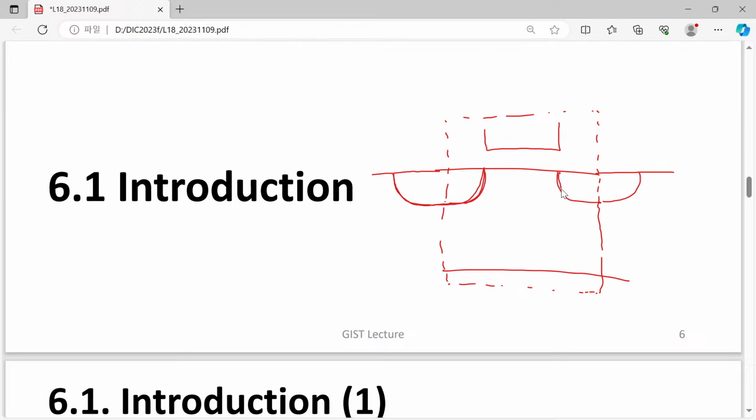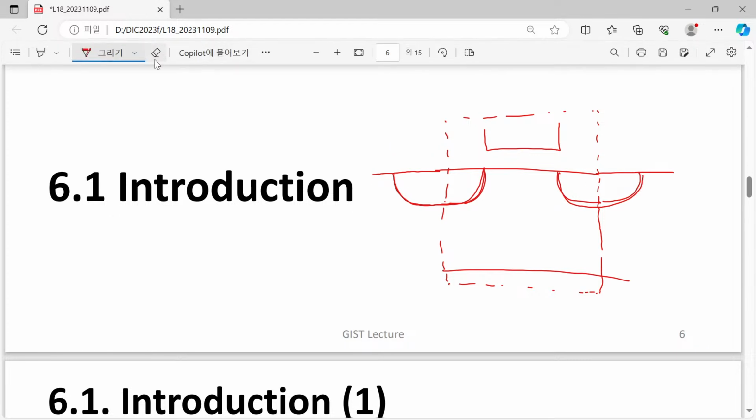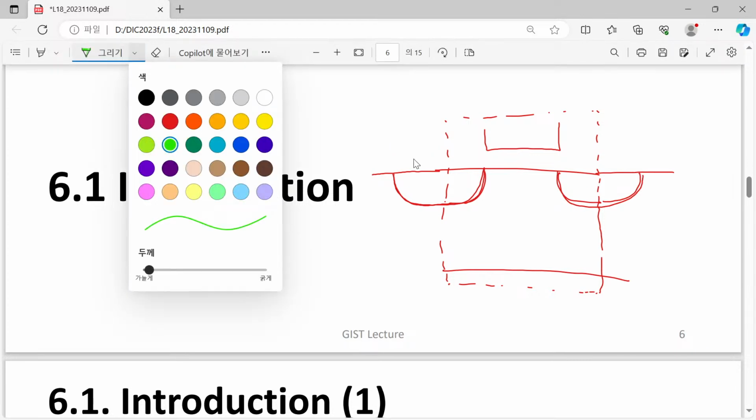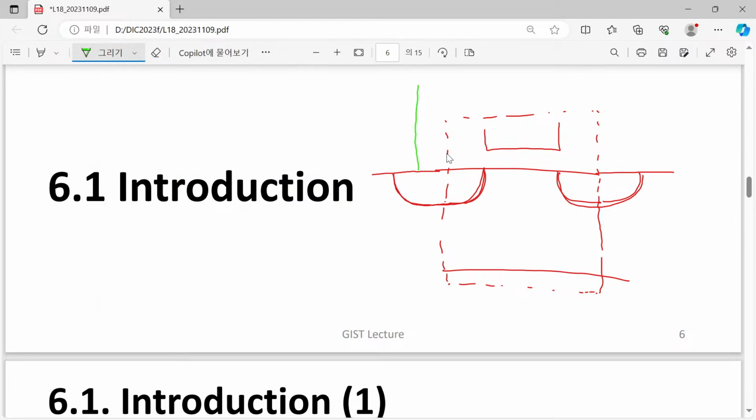Yes, here we have the diffusion region, and now we have a certain... so this is in the case of an n-type transistor, that will be n plus and n plus, and in the case of a PMOSFET, that will be p plus and p plus.